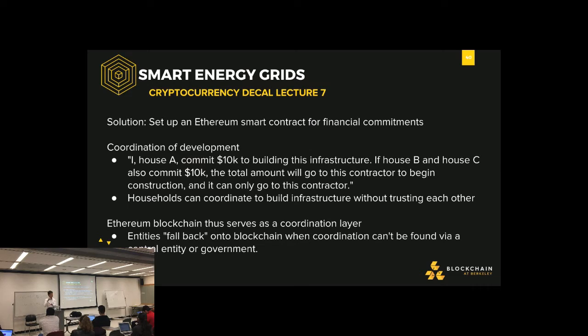And here you can read the terms in the contract and trust that it's not going to be violated. I can't take your funds or anything like that. So basically, you're using the Ethereum blockchain as a coordination layer. When you can't have coordination from some government or central entity, you can fall back onto the Ethereum blockchain and implement a technological solution to what was originally a social problem.